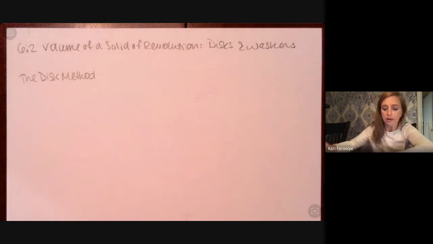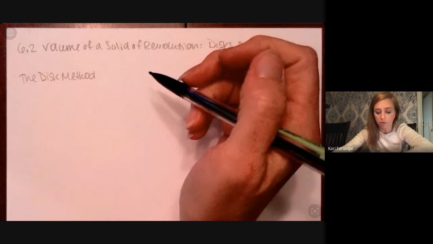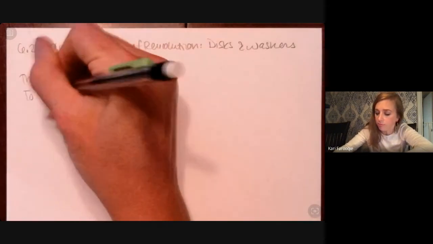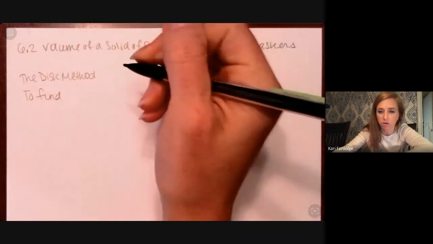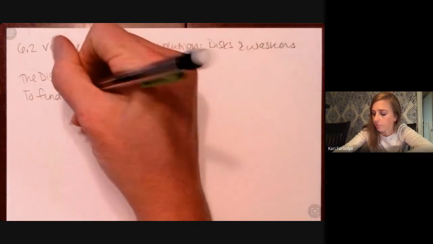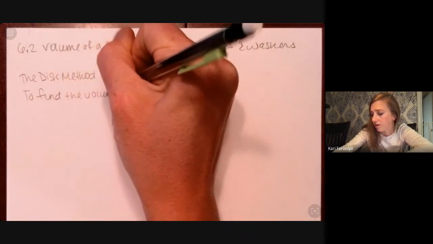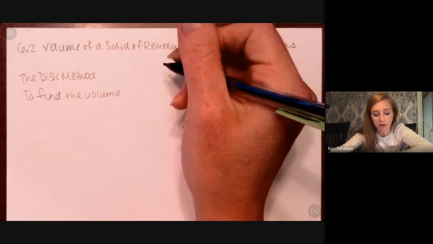Okay, to find the volume of a solid of revolution, and I'm going to show you a picture here in a minute so you get a good idea of what's happening, because you might be like, what are you talking about, volume of a solid of revolution?